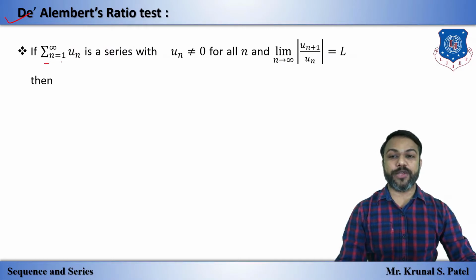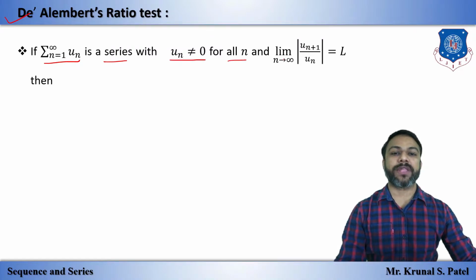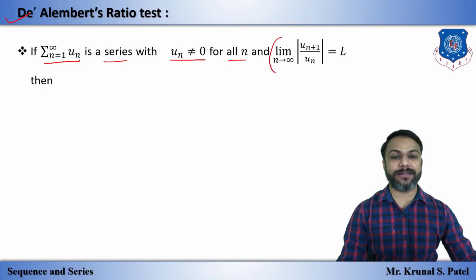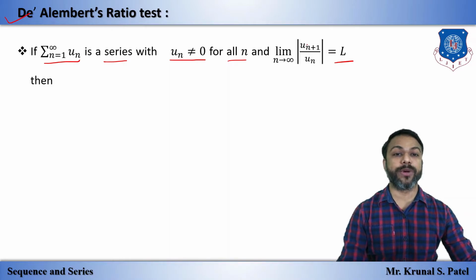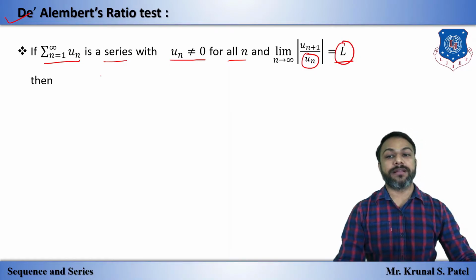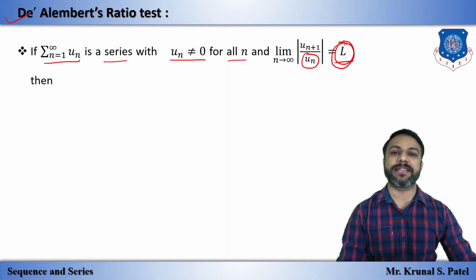If sigma un is a series with its nth term not equal to 0 for all n, and if the limit of the magnitude of the ratio un plus 1 upon un is equal to L, then according to this L, we can check whether the given series is convergent or divergent.